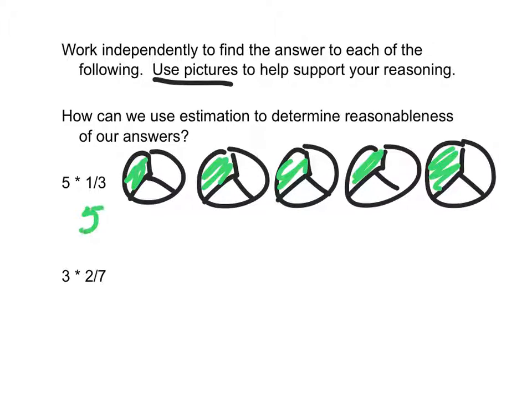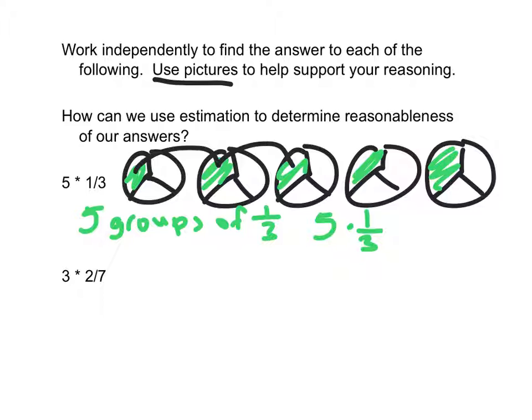So I'm looking at 5 groups of 1/3, which is going to be the same as 5 times 1/3. And I can start to count 1/3, 2/3, 3/3 makes a whole. And then I have 2/3 left over, so I have 1 and 2/3 as my answer.